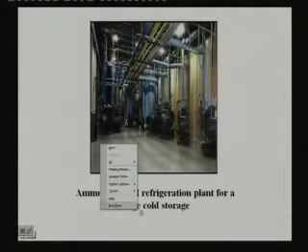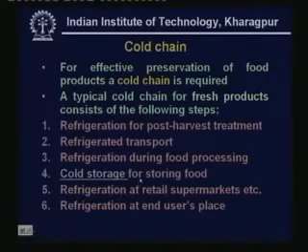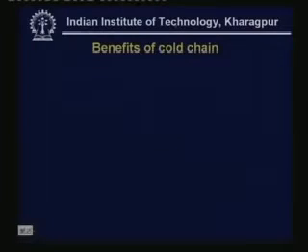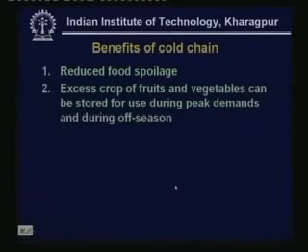Now let us look at the benefits of the cold chain. What are the benefits of a typical cold chain? The cold chain reduces food spoilage, that's very obvious. And excess crop of fruits or vegetables, you can store them and distribute them during the off season, or store them for peak demand.